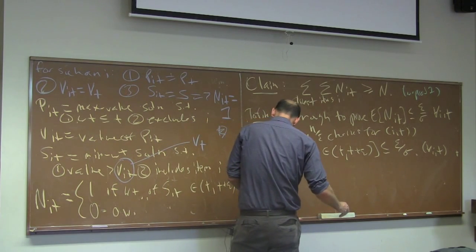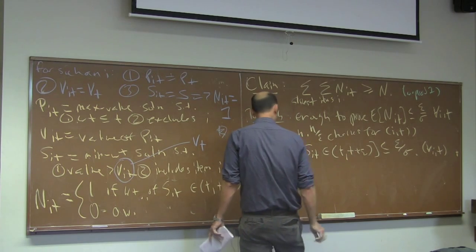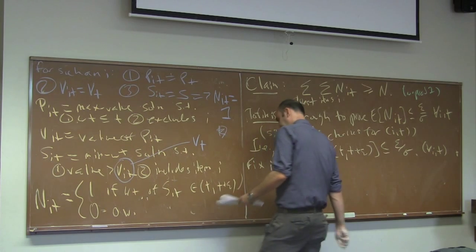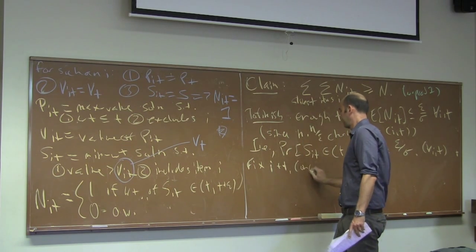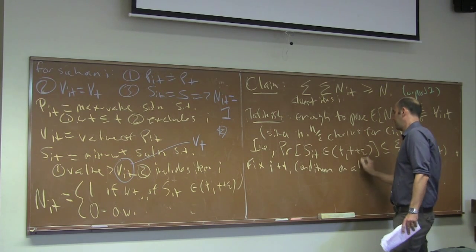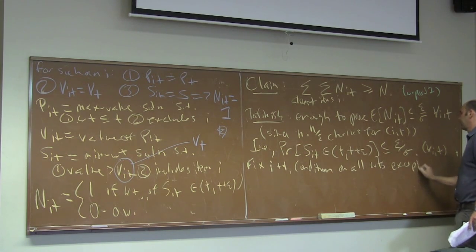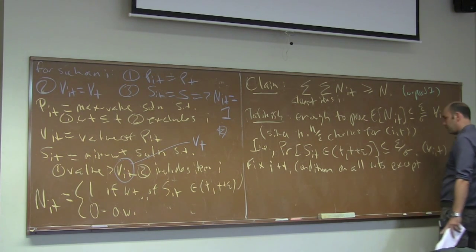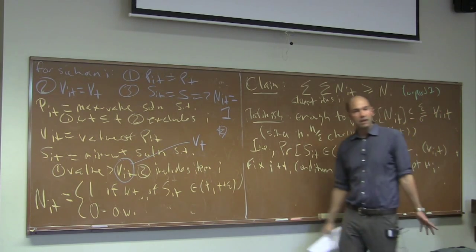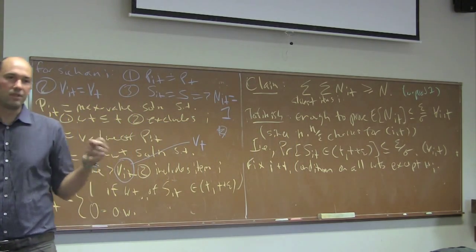So, fix I and T. And we're going to go ahead and condition on all of the items' weights except for the weight of the ith item. Okay? So we have n items. All of them have random weights. We're going to leave just this one residual random weight.